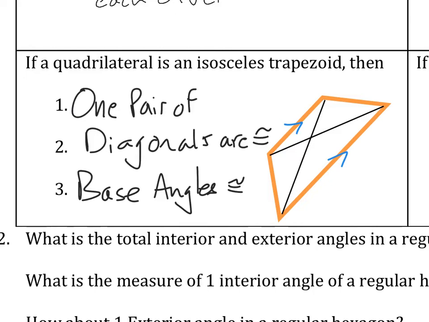So that's one pair of congruent sides. One pair of parallel sides and one pair of congruent sides. That makes it isosceles. The diagonals are congruent, and these base angles are congruent also. Okay, so that's what's true in an isosceles trapezoid.